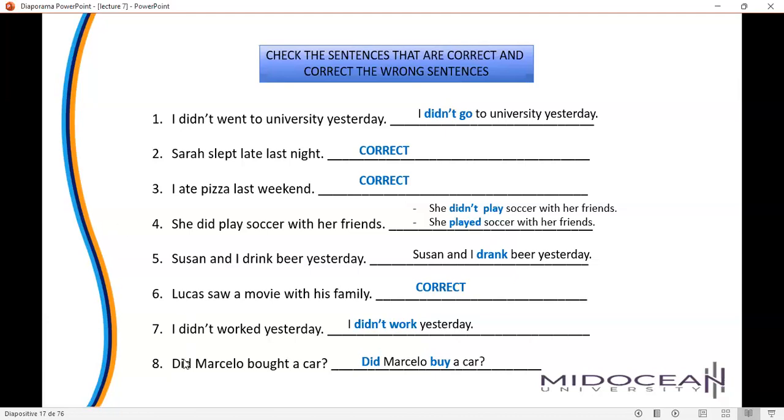So this sentence is not correct. Okay, let's correct it. We say, did Marcelo buy a car? So after did, the verb takes the infinitive form. Okay, so number 8 is not correct.